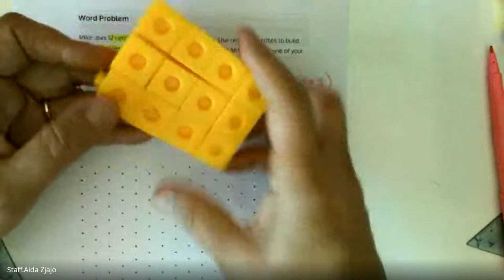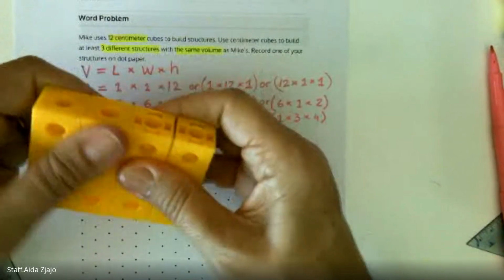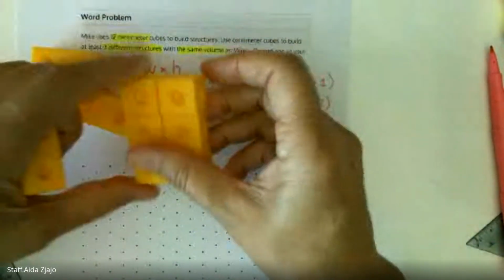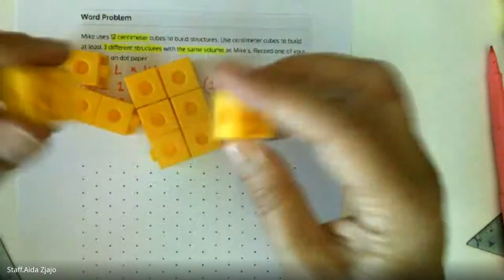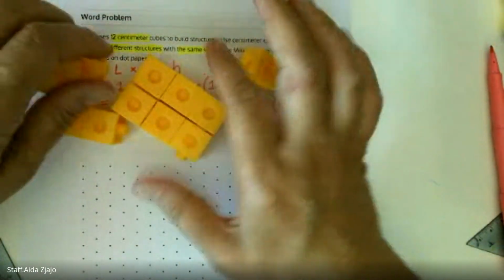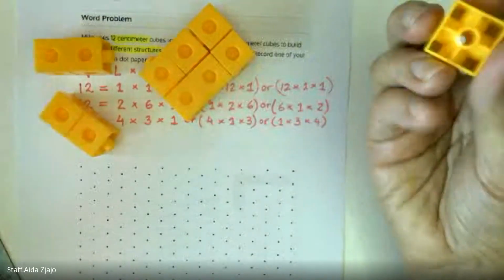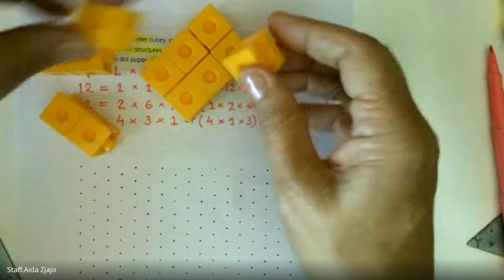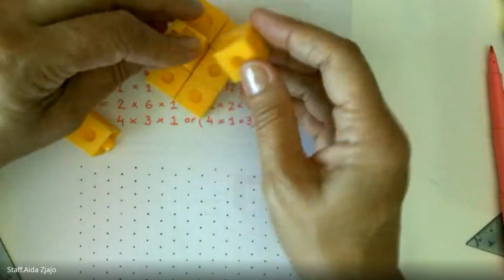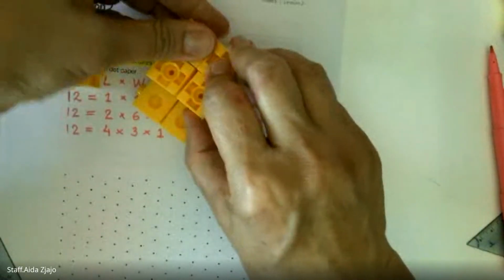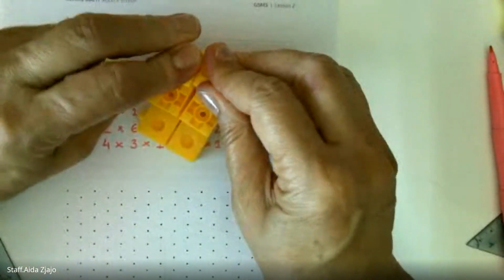Okay. If we want to do something different that is not a prism, that is just a layer kind of situation, we can do, let's see, if this is the base, the first layer has 6 cubes. The second layer could have 4 cubes, and then the last layer could have 2 cubes.